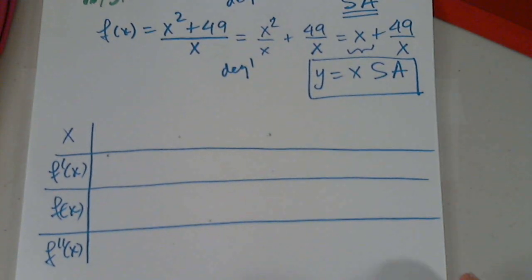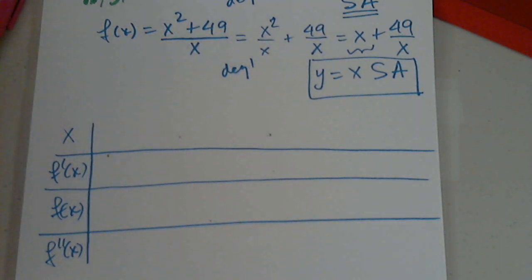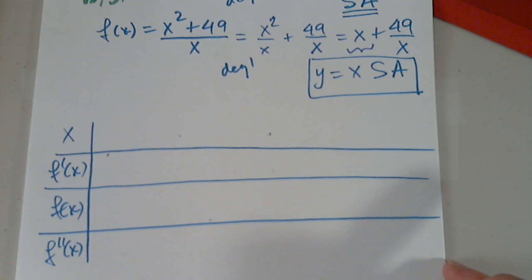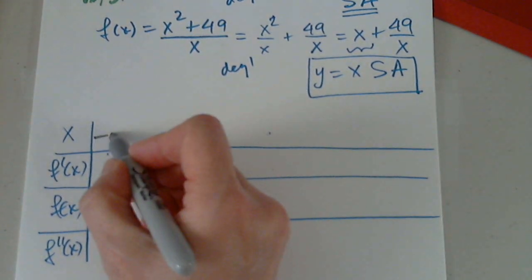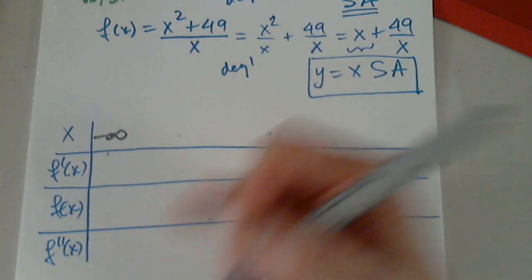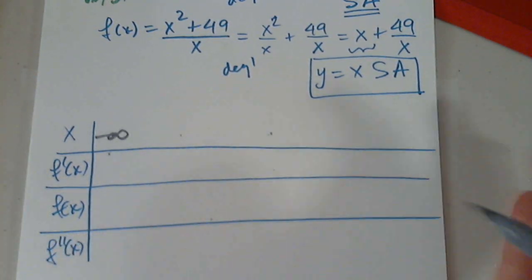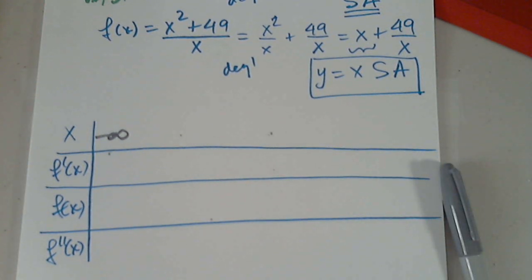Can anyone help with the domain? Isn't it negative infinity to positive infinity? It's a rational function, and we know that rational functions are not friendly functions. They could be undefined.